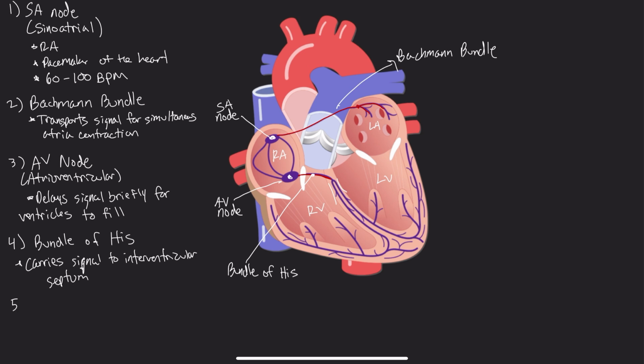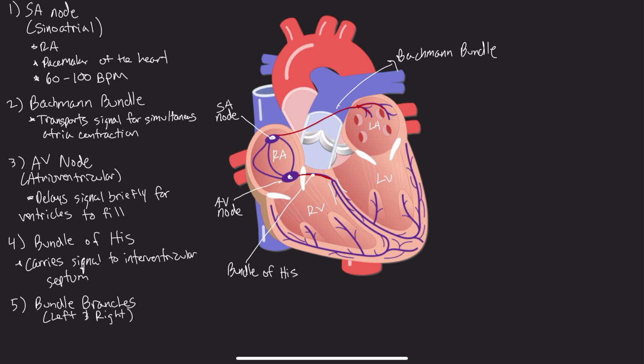The fifth one is going to be the left and right bundle branches. So we'll put bundle branches. This is left and right. Okay. So these branch off.